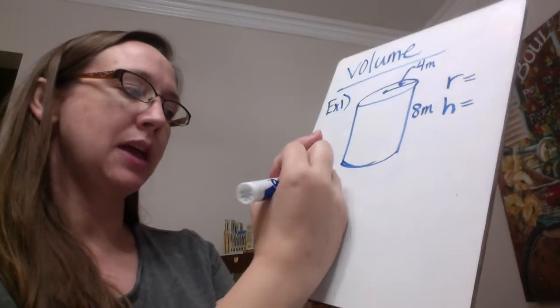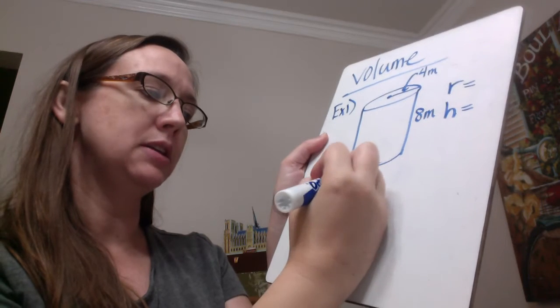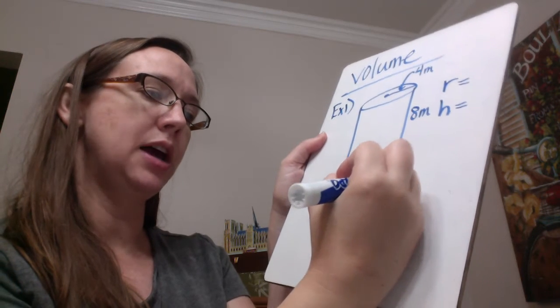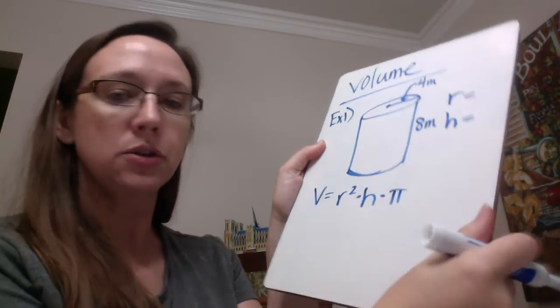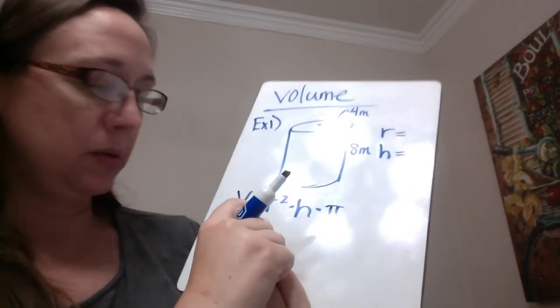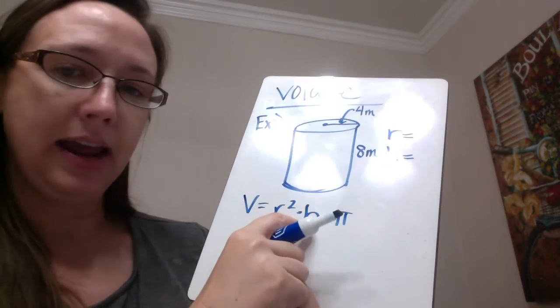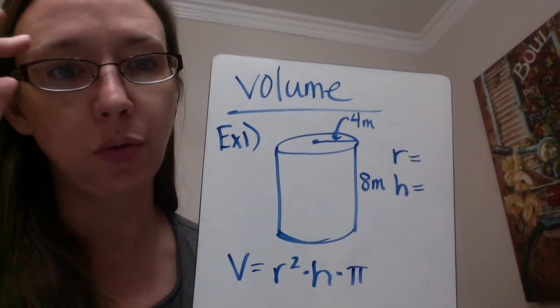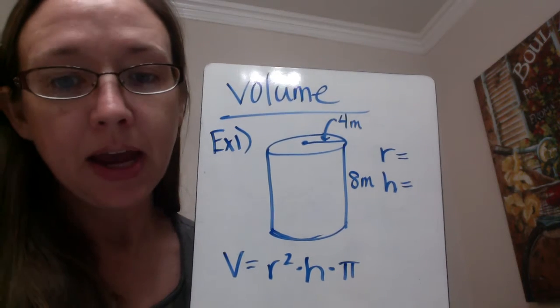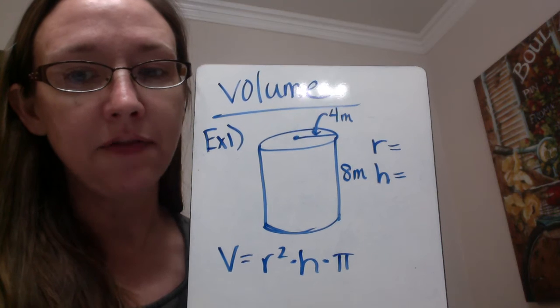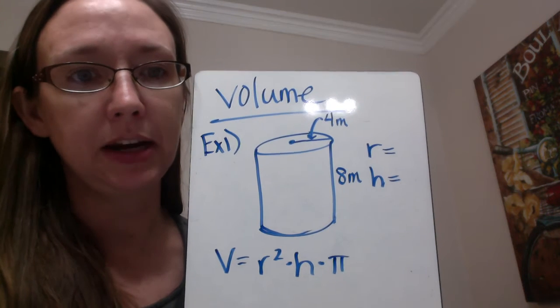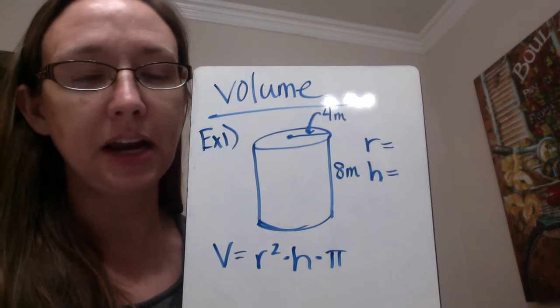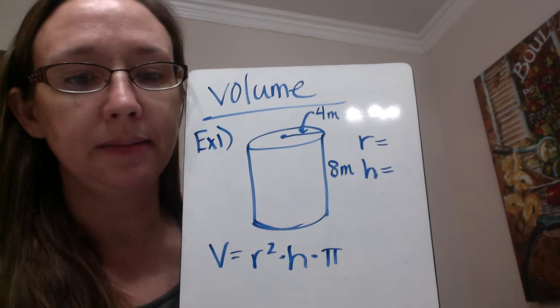I'm going to remind you again, that formula we just wrote down is r squared times h times pi. So the variables we need to know the values for are r and h. In this picture, they have told you enough information to know what r and h are. So you're going to pause the video, identify r and h, and then unpause when you're ready to see the answer. Identify r and h, please.